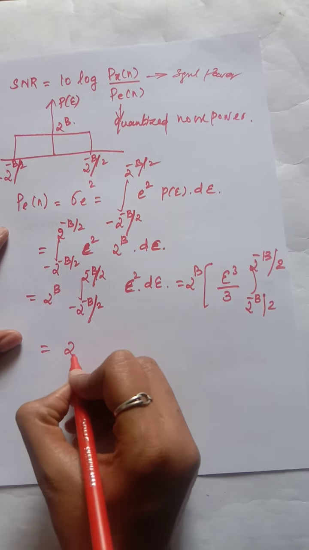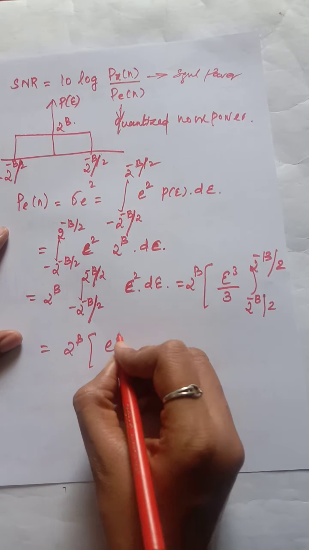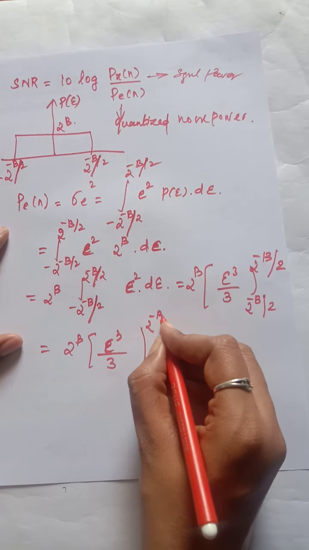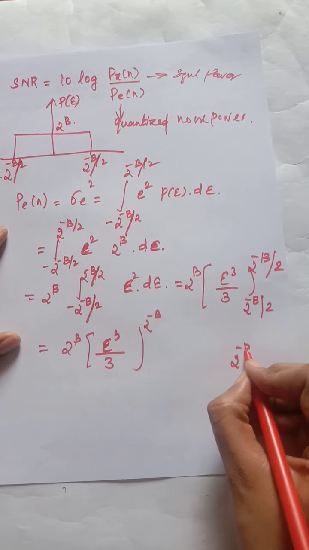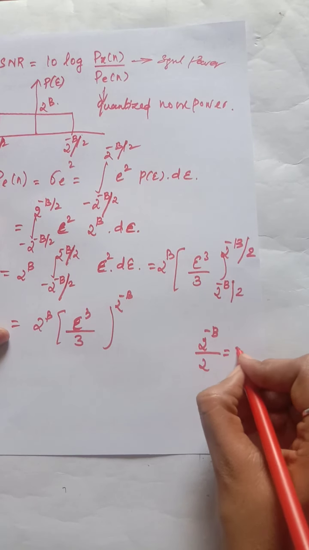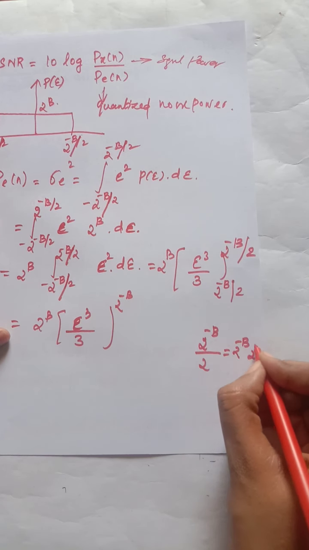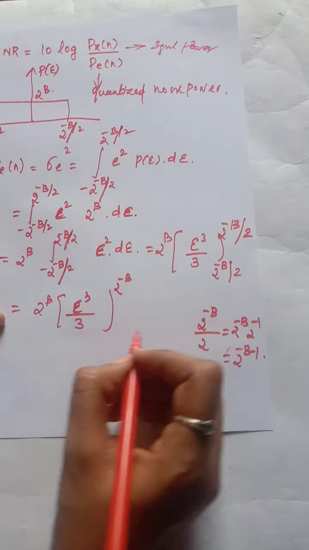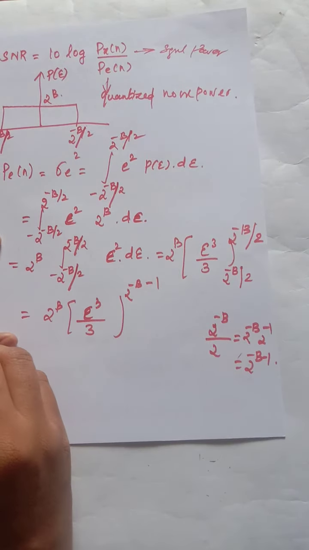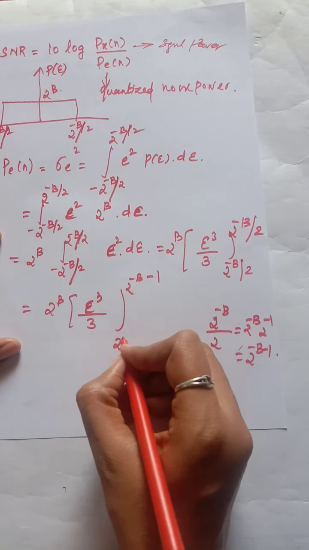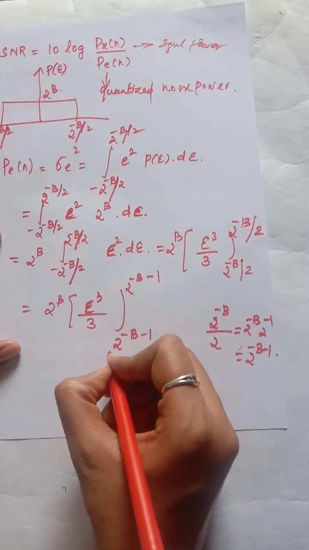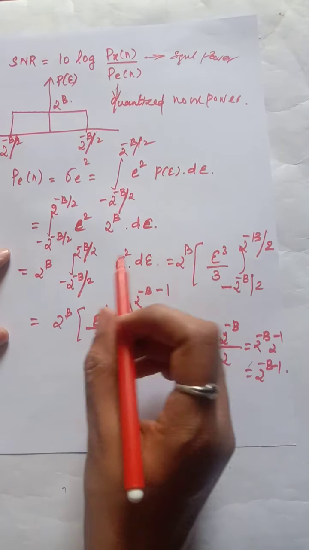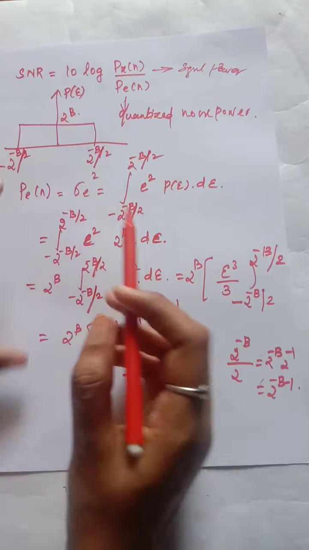So this can be written as 2 power b, epsilon cube by 3, with the limits 2 power minus b by 2 written as 2 power minus b, 2 power minus 1. So I can write this as 2 power minus b minus 1. So this is of negative amplitude, divided by 2.